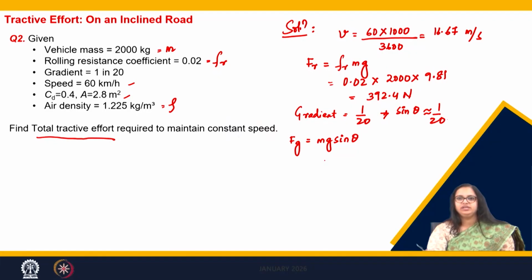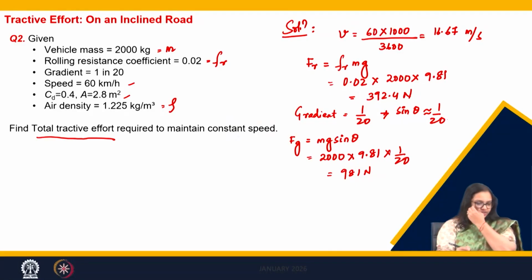That is why our tractive effort was the summation of rolling resistance plus aerodynamic forces. In this question, we have a gradient of 1 in 20. So, our solution includes the gradient resistance, which for 1 by 20 is 981 Newton.